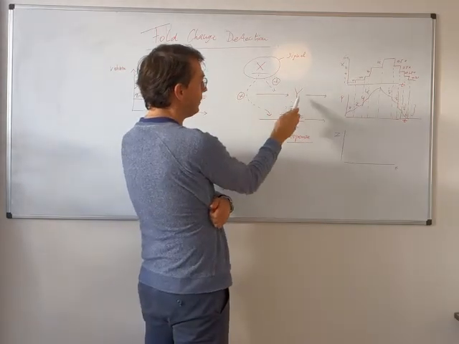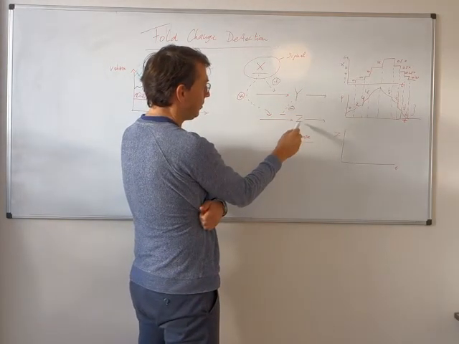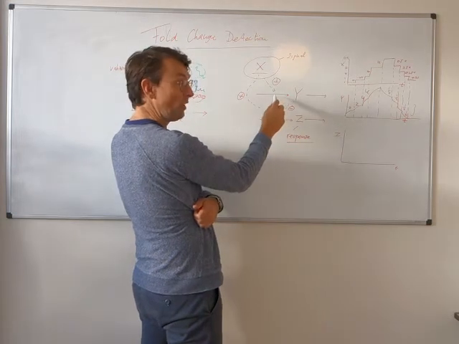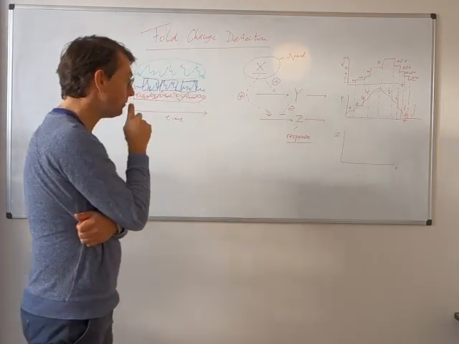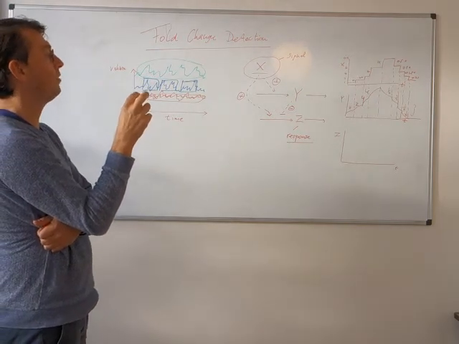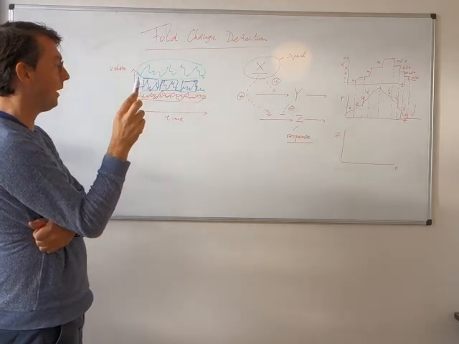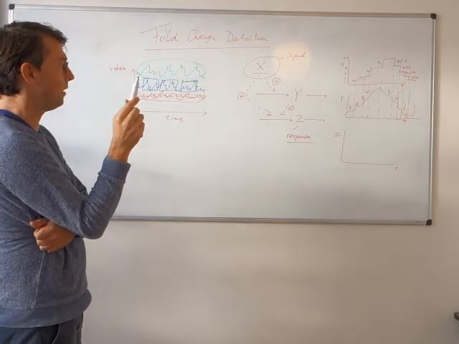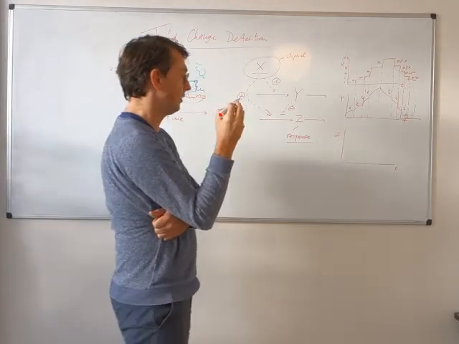But then when Y increases, the synthesis of Z goes down, but Y continues to increase. Okay? So this suggests that Z first goes up, almost in sync with increases of Y, and then when Y becomes high enough, Z goes down.